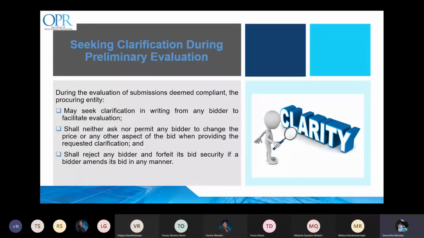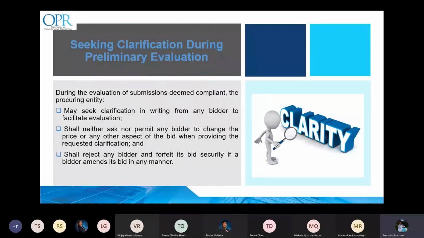Now, during the evaluation process, certain aspects may be found to be unclear or contradictory. In such instances, clarification can be sought in writing, and the evaluation committee must agree on any request for clarification before it is sent. Evaluation committees must take great care when seeking clarification.